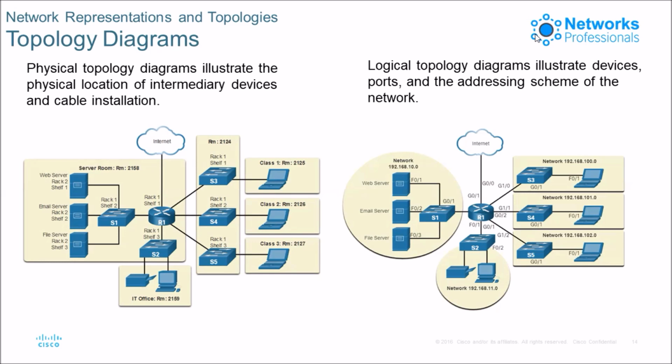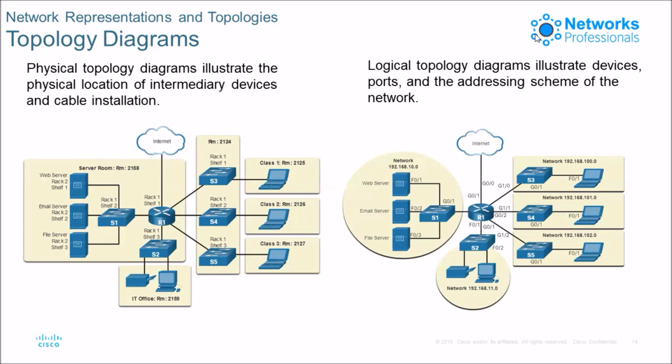Topology diagrams are divided into two main categories: physical topologies and logical topologies. Physical topology diagrams illustrate the physical location of intermediary devices, like where your router, switches, and PCs are placed and connected.